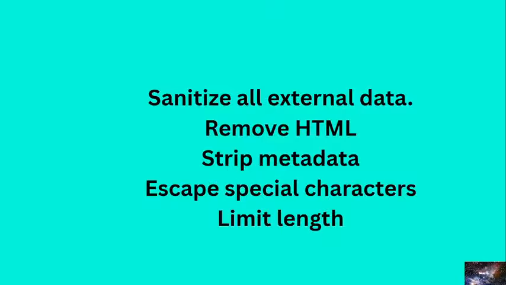Remove HTML, strip metadata. Let it scan through and remove any suspicious content that looks like embedded content. Your AI backend must be able to do that stripping and remove the metadata that seems malicious.